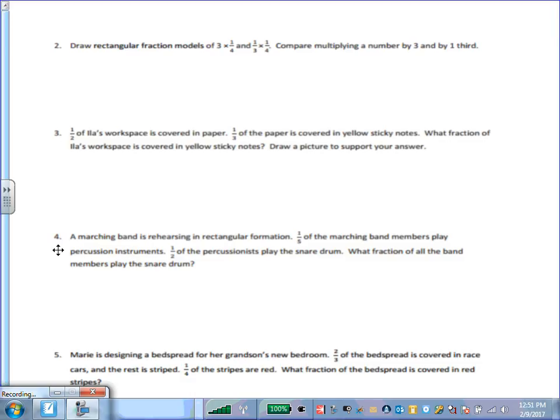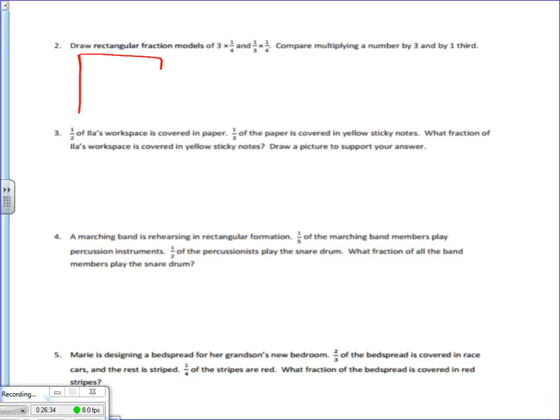If I showed that as a rectangular model, there's 1/4, there's 1/4, there's 1/4. And if I need to back that up with math, 3 times 1/4.